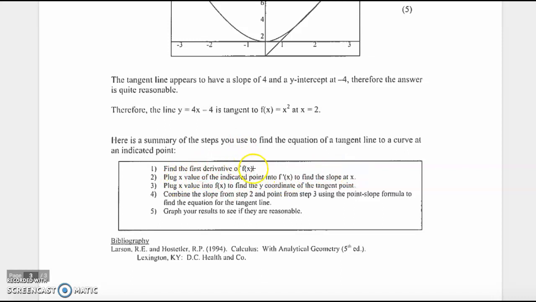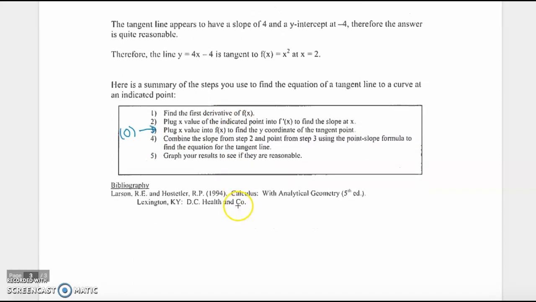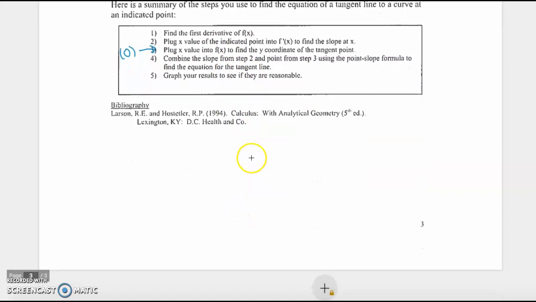So basically you need your derivative, then you plug in your x value to find your slope, and then you plug your x value into your original function to find the y coordinate of the point. And sometimes I do this one first. So I'll do this step, it will be secret step 0. I usually like to find my point first, and then my derivative, and then my slope. And then we don't actually graph the results to see if they're reasonable.